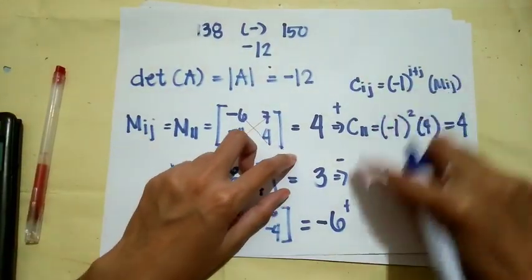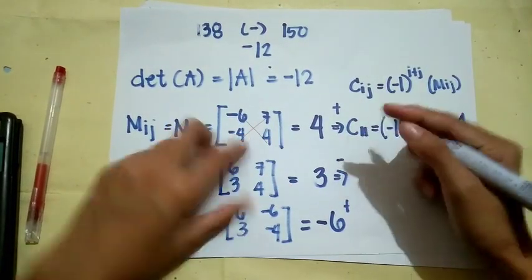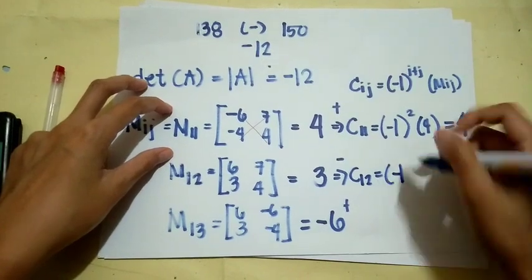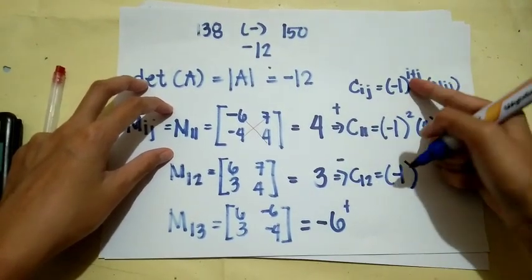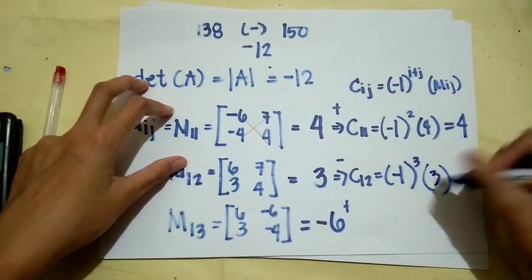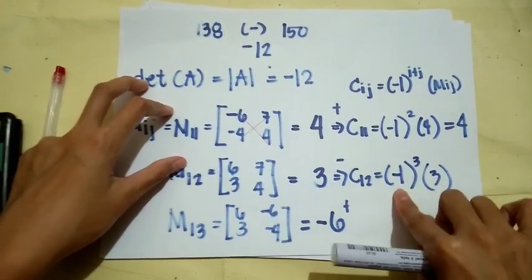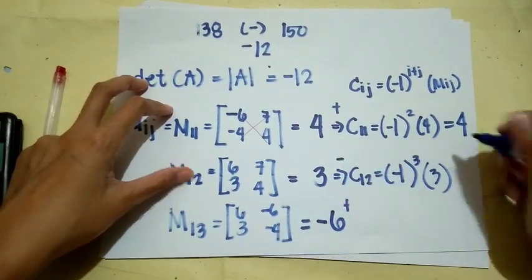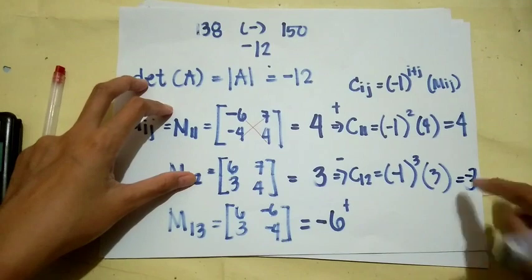Let's see if that is correct. C12 is equal to negative 1, raised to 1 plus 2, which is 3. As you can see, negative 1 raised to 3 results in negative, which is correct. So this will equate to negative 3.